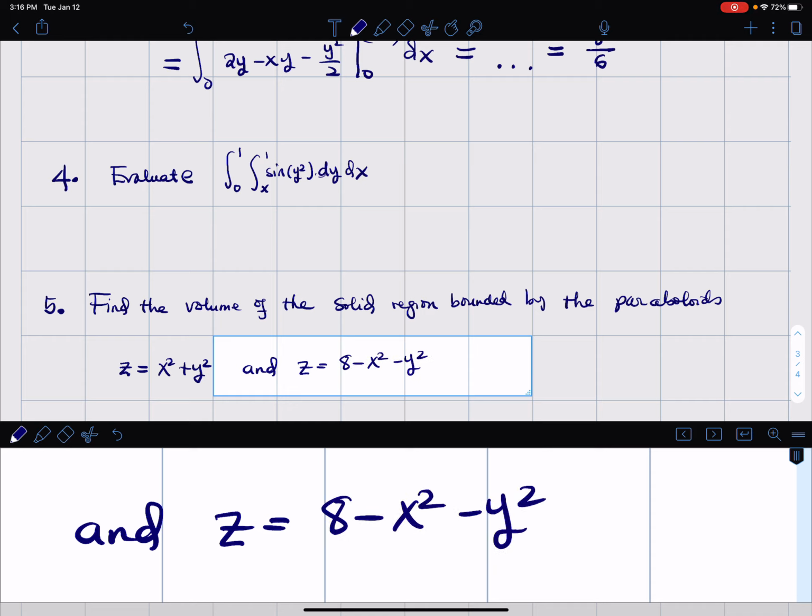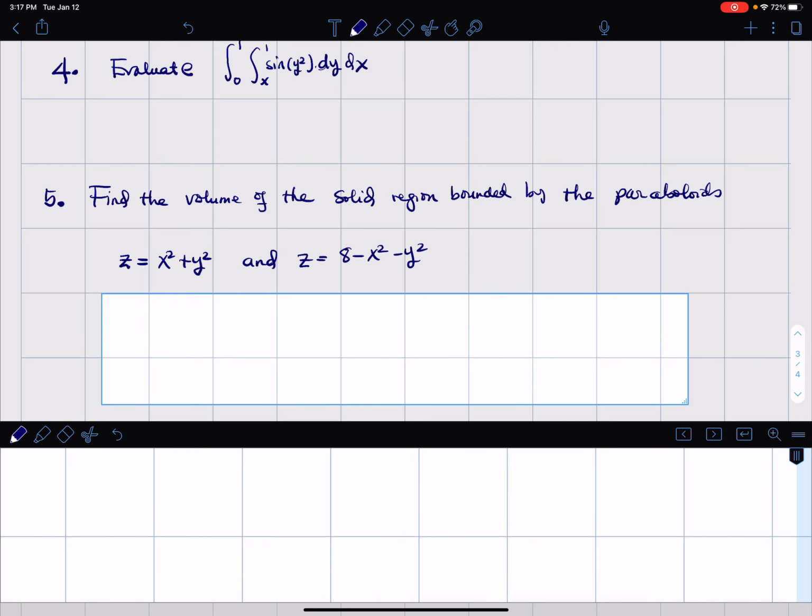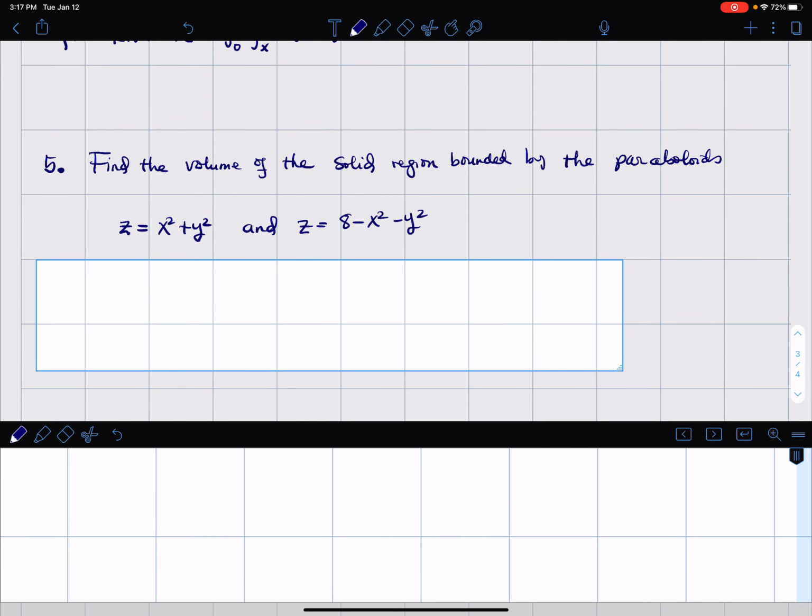Okay. I just want you to set it up. How about you just set it up, not solve the whole thing. I want you to set up the integral.